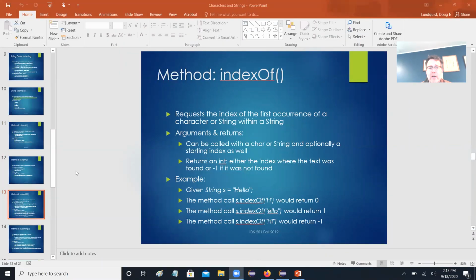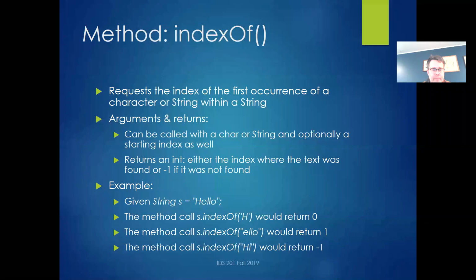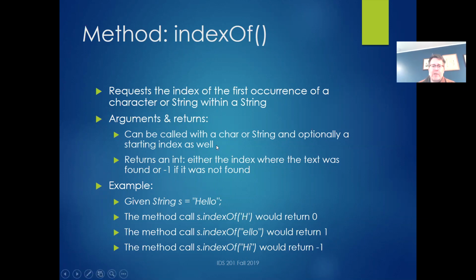If I have some long slug of text that I'm reading through, I can see where another string occurs in it. For example, if I'm looking for the word the in a long stretch of text, then index of the will return the first index where that word the appears. So there's two possibilities. You can call it with a char or you can call it with a string.